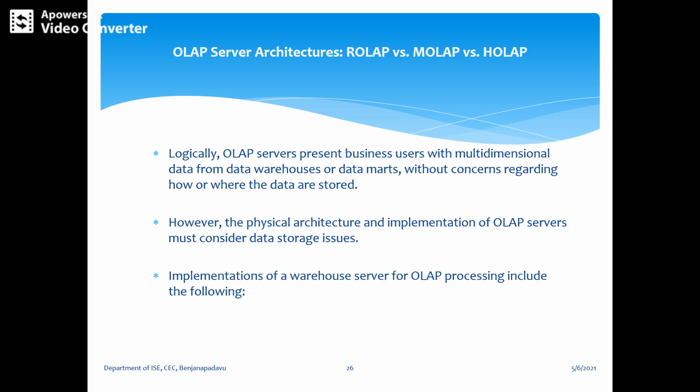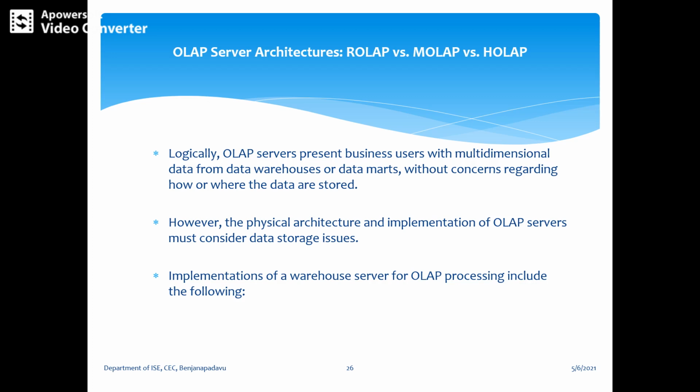Logically, OLAP servers present business users with multidimensional data from the data warehouse or data mart, without concern regarding how or where the data are stored. However, the physical architecture and implementation of OLAP servers must consider data storage issues.